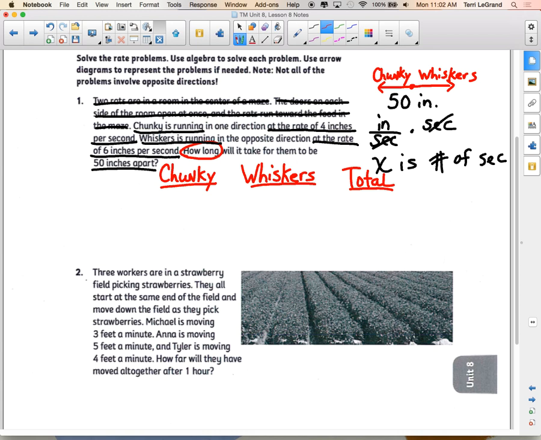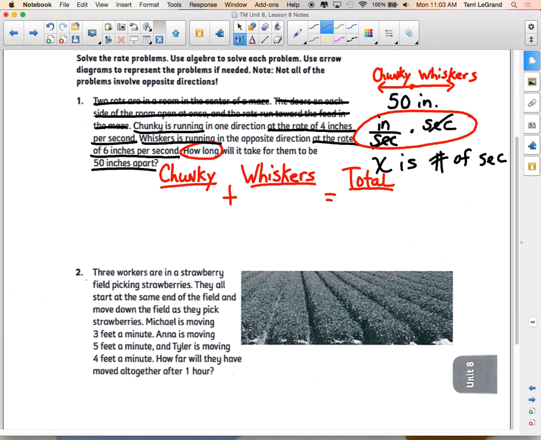How long will it take? Well, they're both running at the same time, right? So we're going to have to do an addition problem. One does plus what the other one does should equal a total. So remember, there was a reason for us setting this up. It says take the rate times the number of seconds, and that will tell you how far they go.